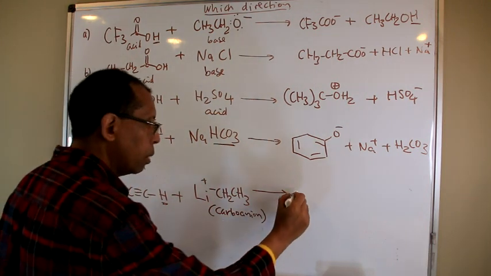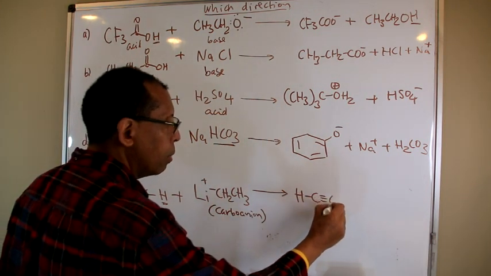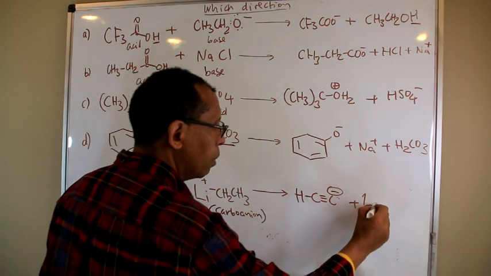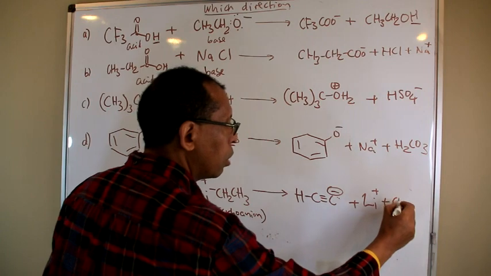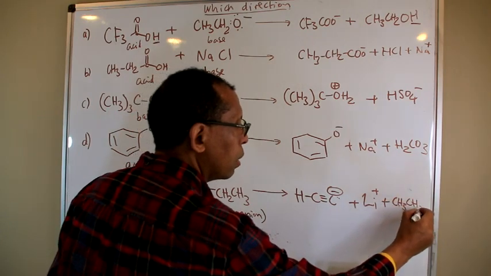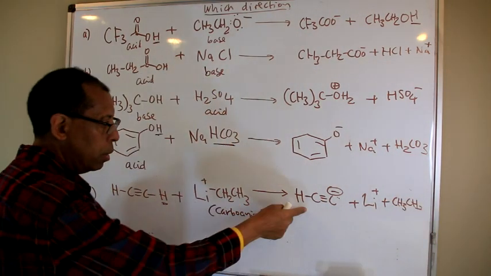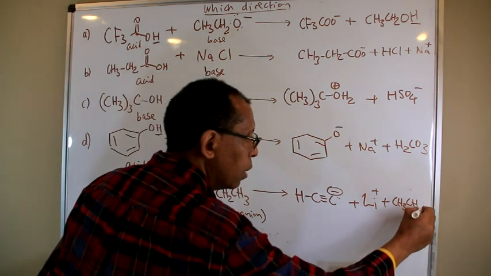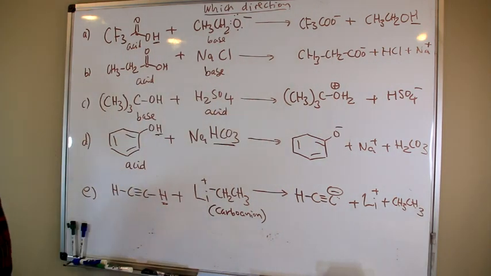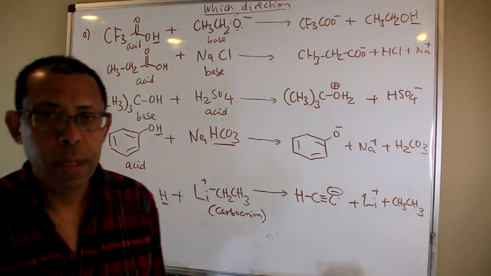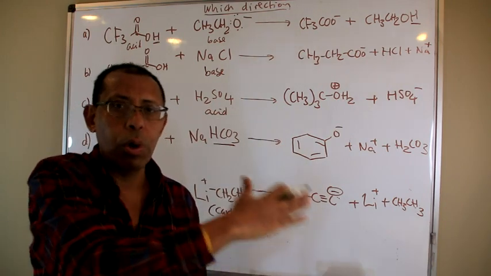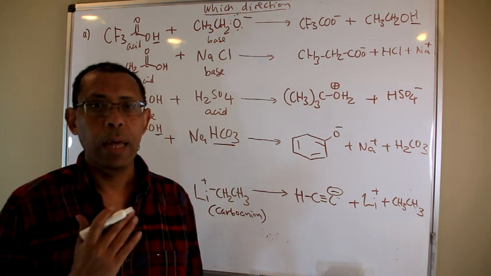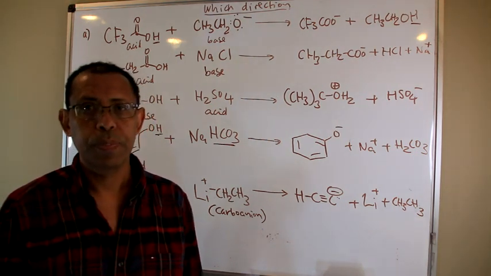So the reaction would give HC≡C minus with a pair of electrons, plus lithium, obviously there, and CH3CH3, because one proton has been transferred to this. So you have CH3CH3 formed. Now, to indicate whether the reaction moves forward or backward, you need to understand the pKa value of the acid and the conjugate acid.